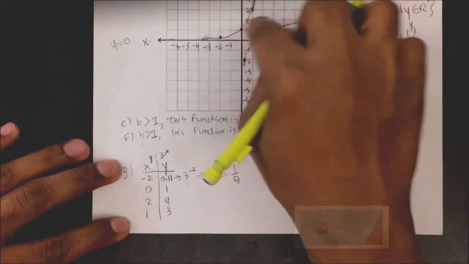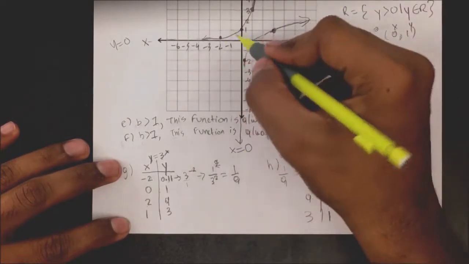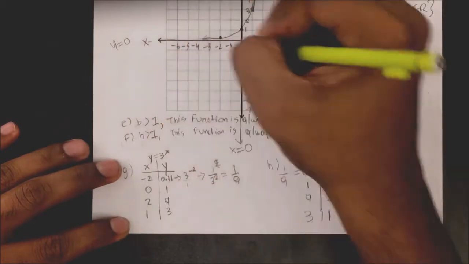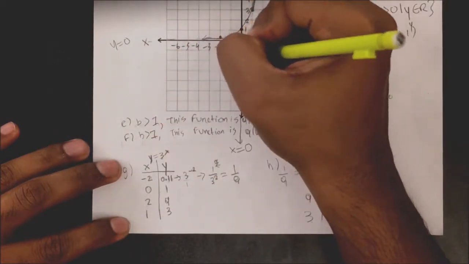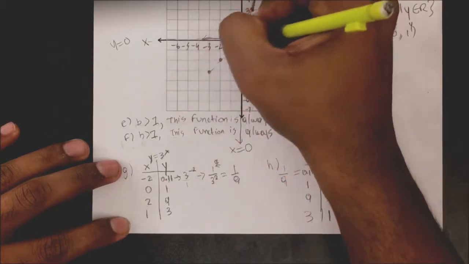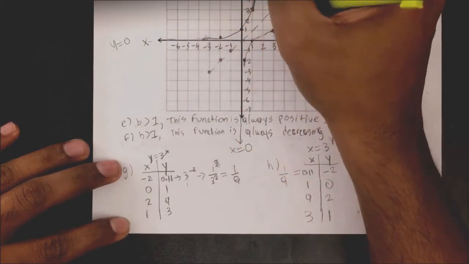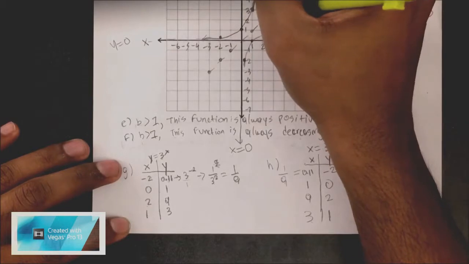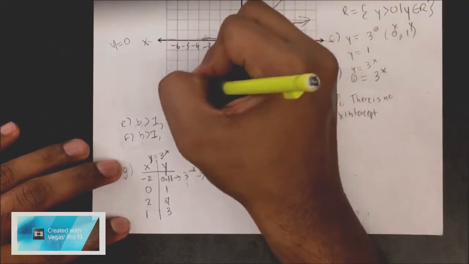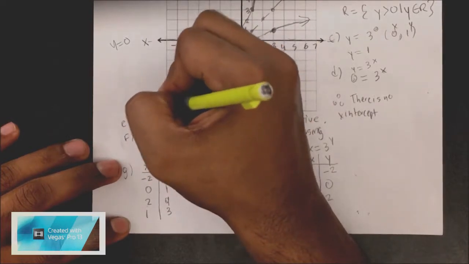And you know they're reflections of each other, because if you were to draw y is equal to x on this, the function y equals x would be like that. So this is y equals x, right?